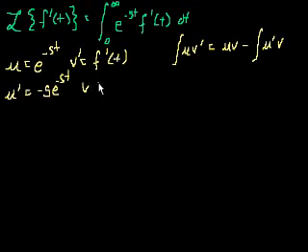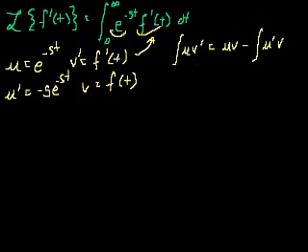So v is just going to be equal to f of t. This is u, and this is v prime. And if this is v prime, then if you take the antiderivative of both sides, v is equal to f of t.